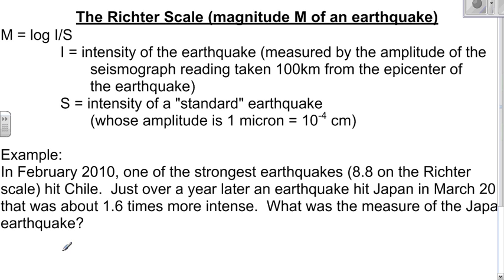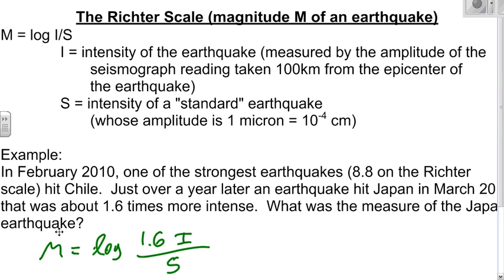So magnitude is equal to log of whatever the intensity of the first one was in Chile. It's 1.6 times as much times what it was in Chile, so let's call it I, over the standard.